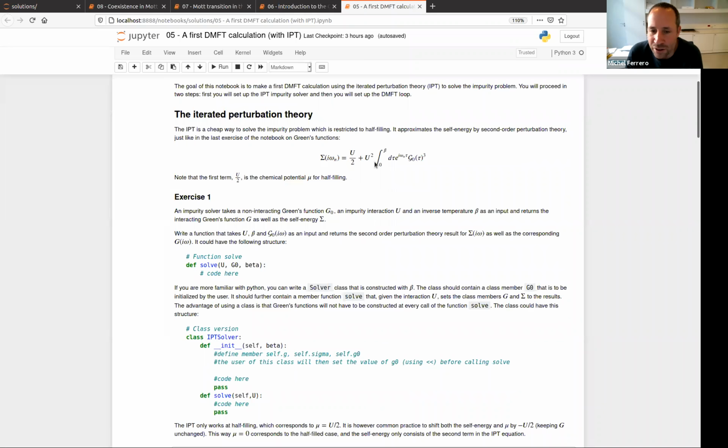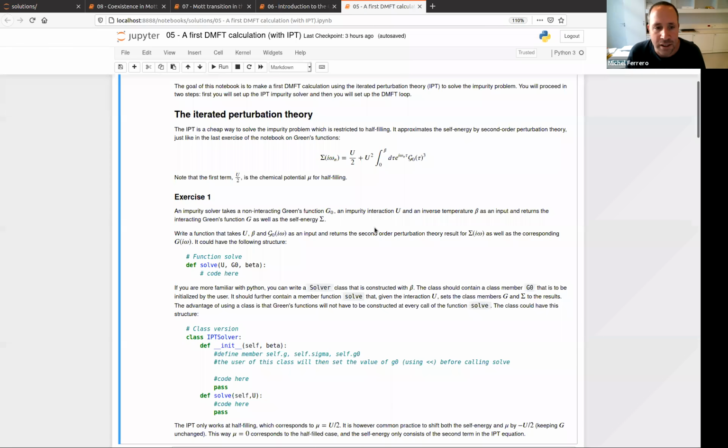We start from the formula we had before, the second order perturbation theory expression for the self-energy. It has a constant part, U/2, and a dynamic, frequency-dependent part. The U/2 can be absorbed in the chemical potential, so we just have to look at this term here.